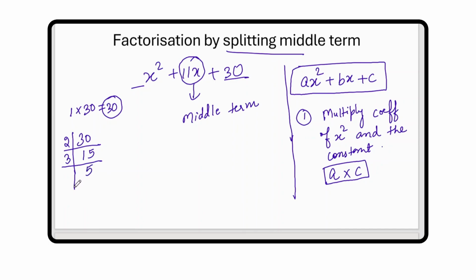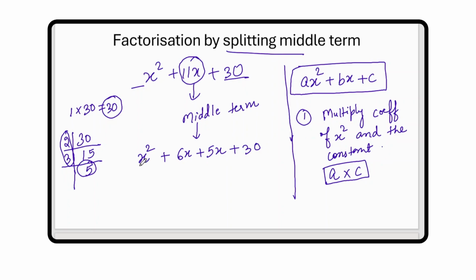Now I can find a relation: 2 into 3 is 6, and 6 plus 5 will give us 11. So we can write this 11x as 6x plus 5x, and you can see the product of 6x and 5x is 30x square. The rest of the things can be written like this.